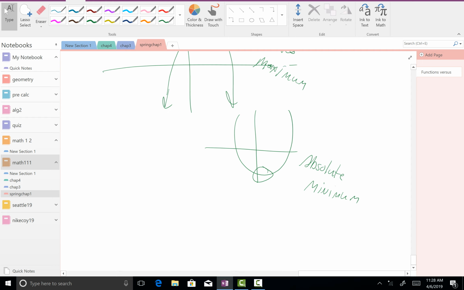Here's a cubic, which goes on forever in both directions. Here is my local maximum. I'm going to click on it. Or you just tap on it, wherever you want. If you're not sure how to use Desmos, tap on it if you're using your phone, or click on it if you're using the computer.